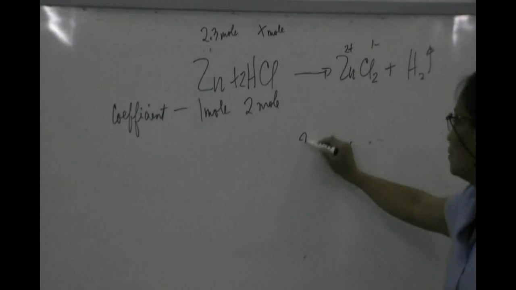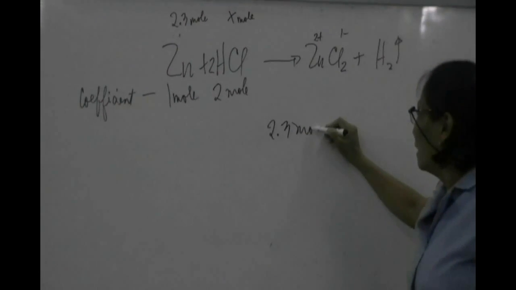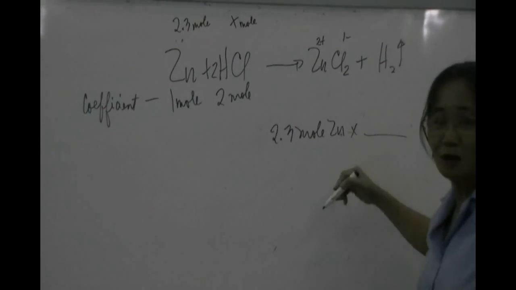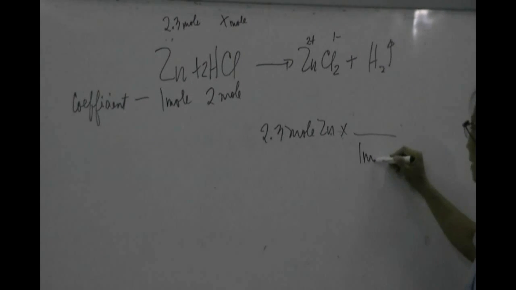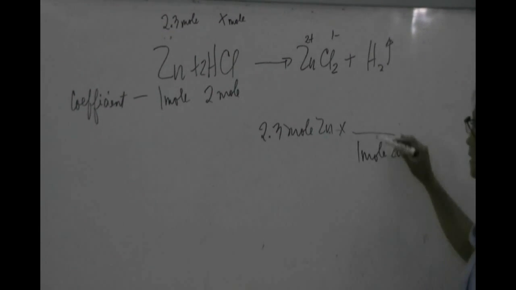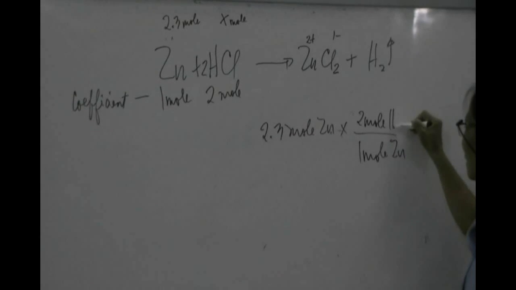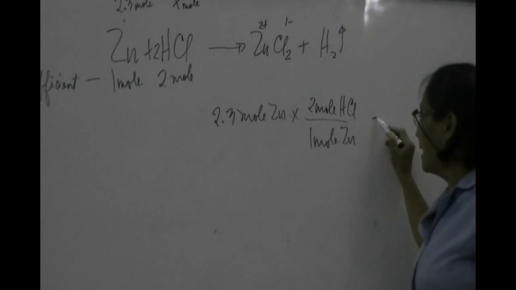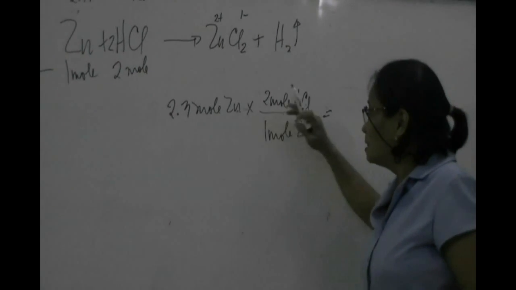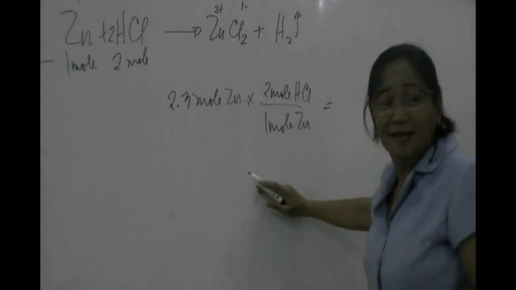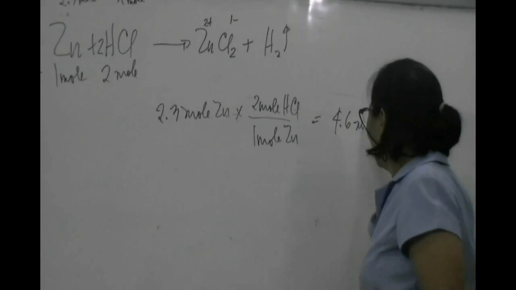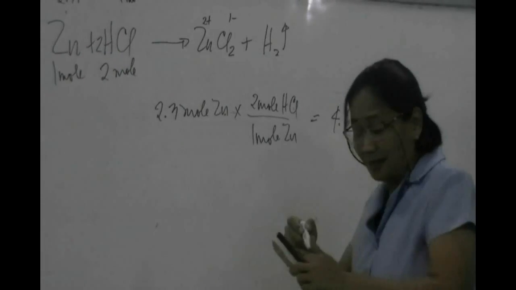You multiply the numerator and divide by the denominator, and the answer is 4.6 moles of HCl.